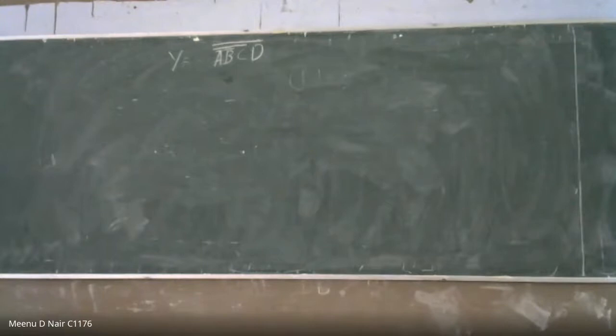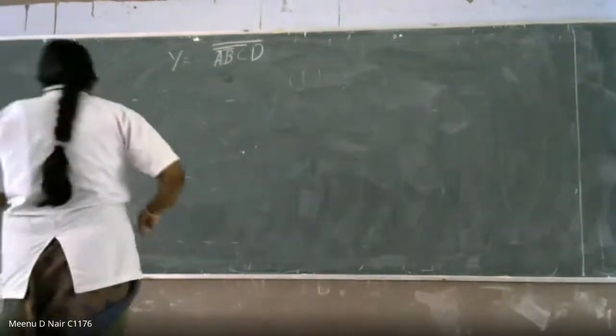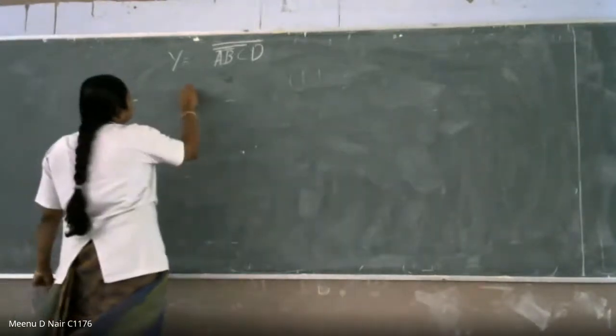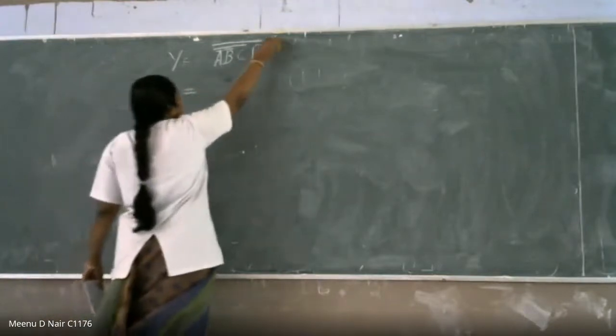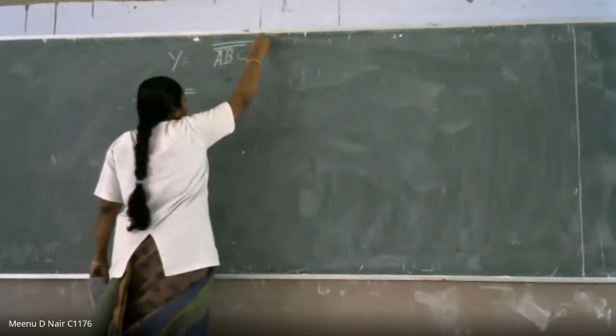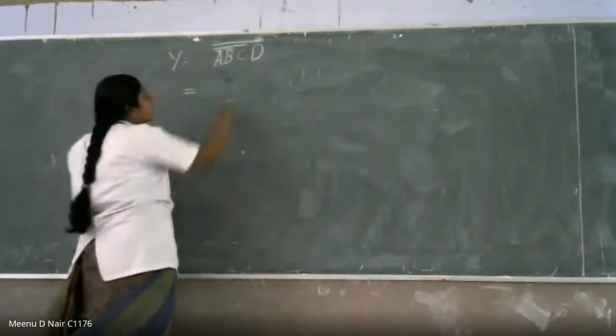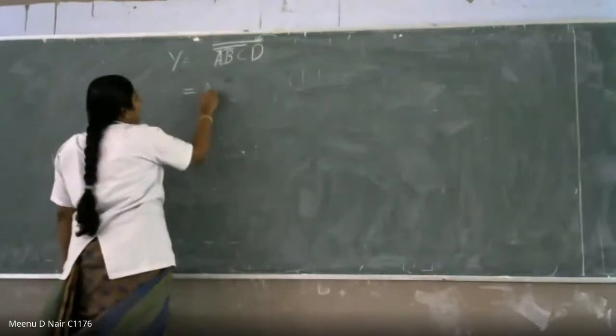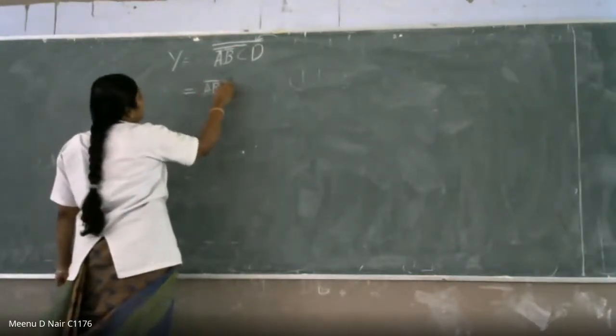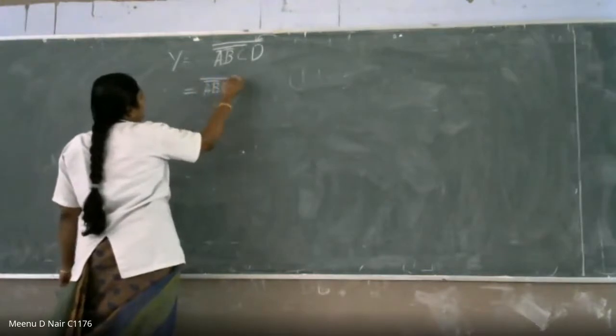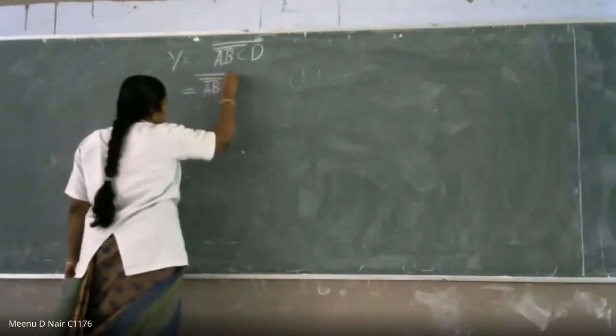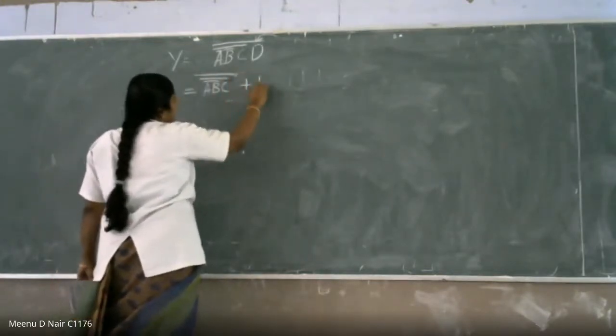Any answer? So first you are going to apply De Morgan's theorem to the first bar. So it will be A B bar C bar bar plus D bar.